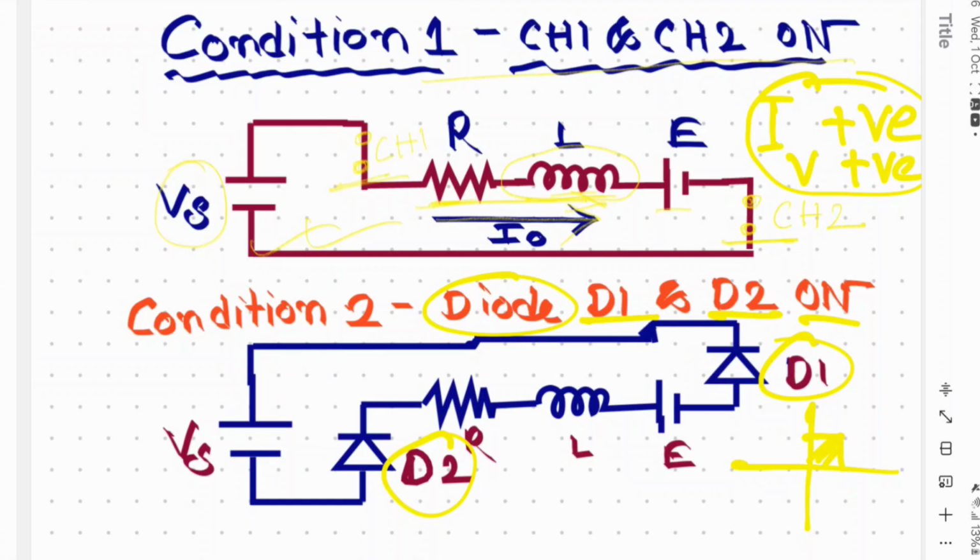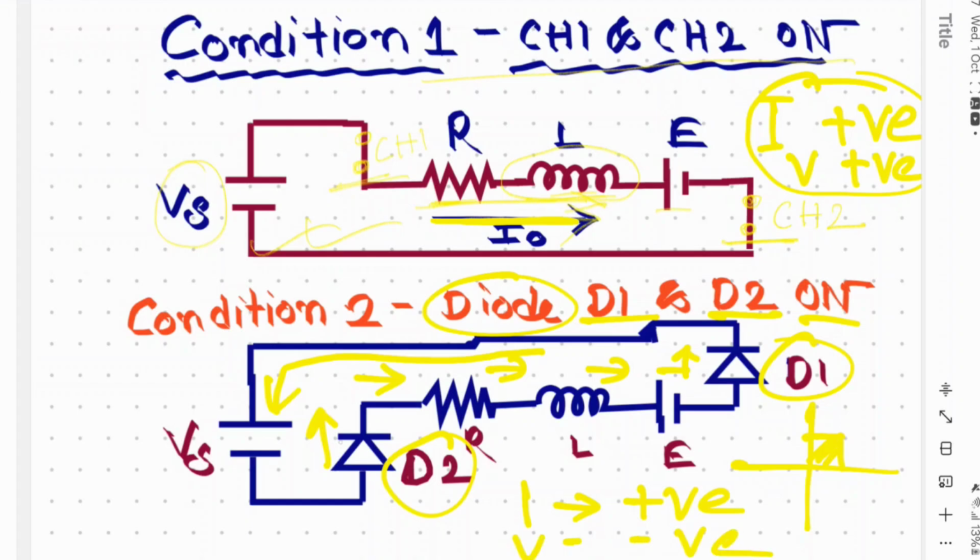According to this current direction, we can say that current is positive as it follows the same direction as the load current. So this current is positive, and voltage is negative. So this is the fourth quadrant operation where voltage is negative and current is positive.